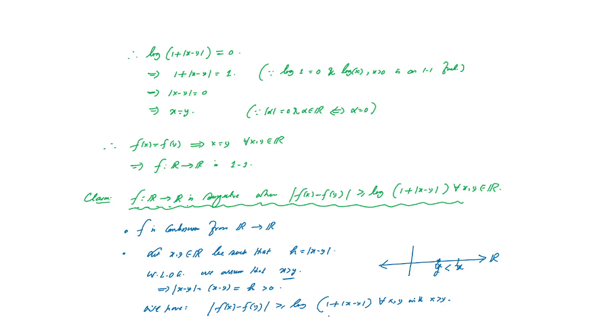So now we'll divide by mod of x minus y on both sides. So what we will get? We will get mod of fx minus fy by mod x minus y, this is greater than or equal to log of 1 plus mod x minus y by mod x minus y. Now we have taken x minus y equals to h. So that means our x equals to y plus h.